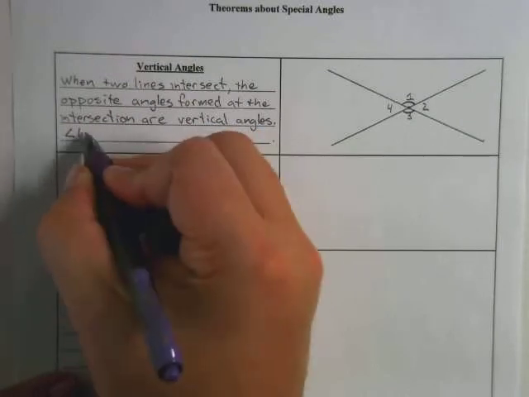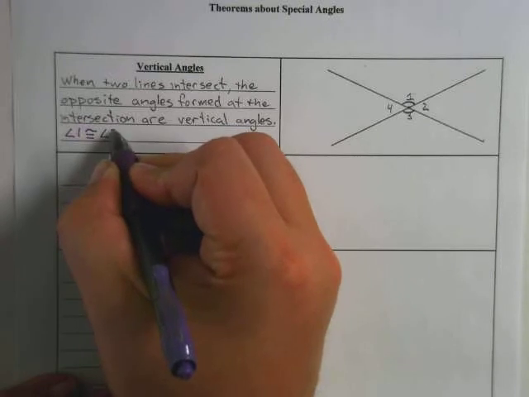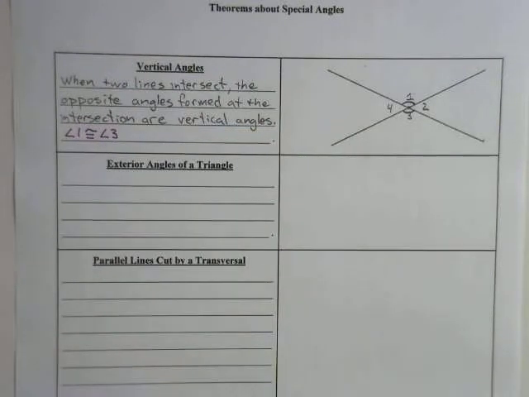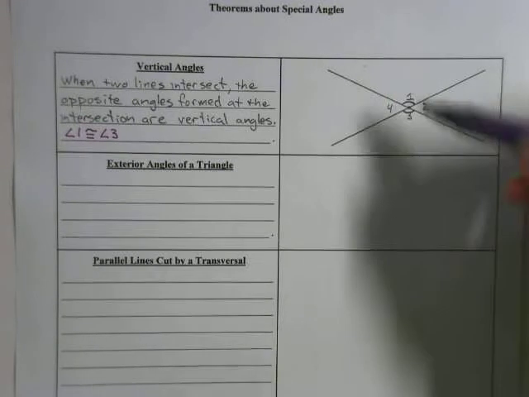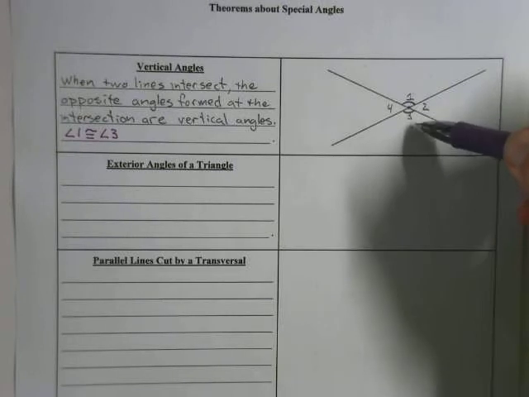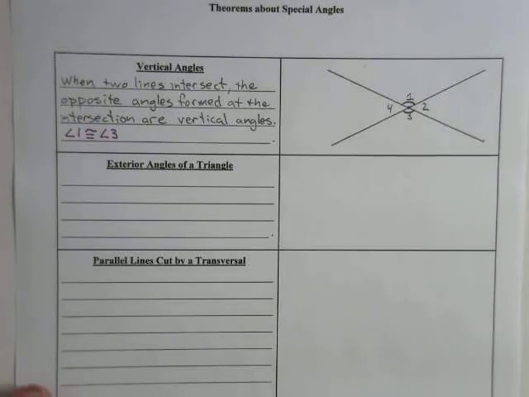So angle 1 is congruent to angle 3. The angles that are across from each other, the angles that are on opposite sides of the intersection point, okay, are going to be congruent. They're going to have the same measurement.